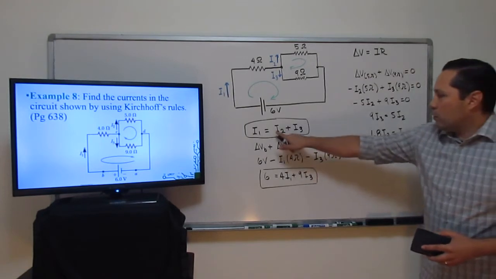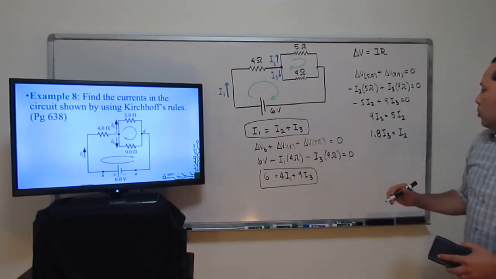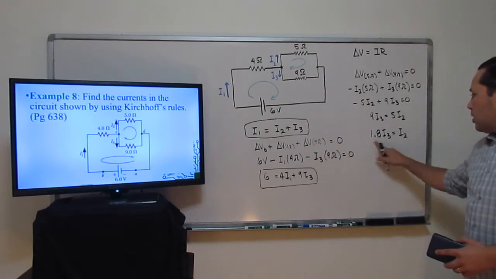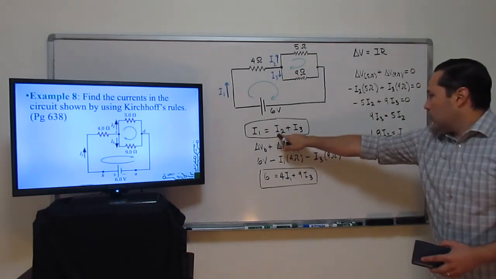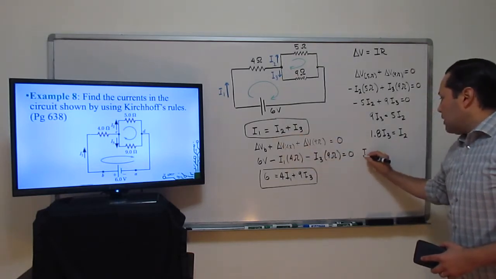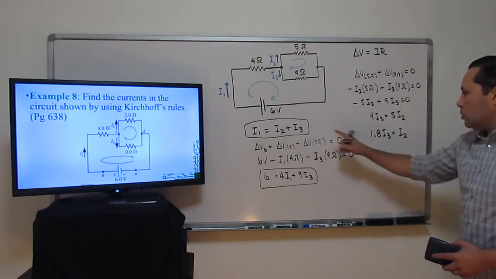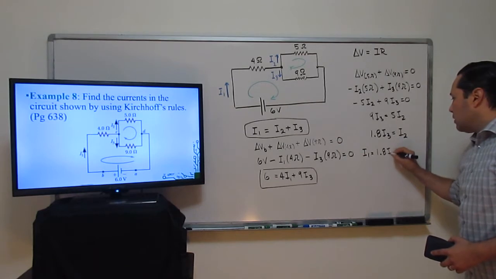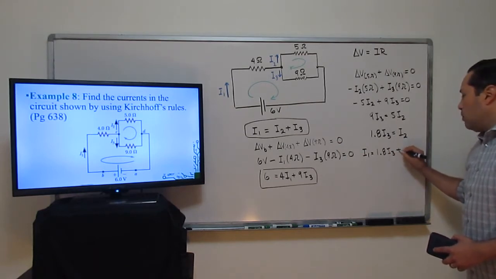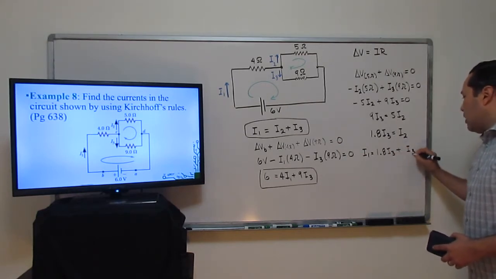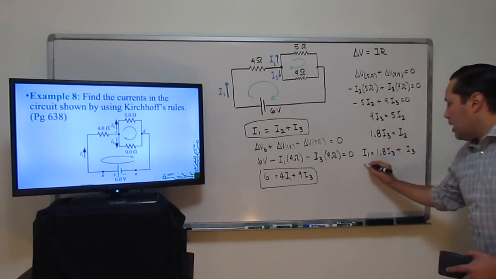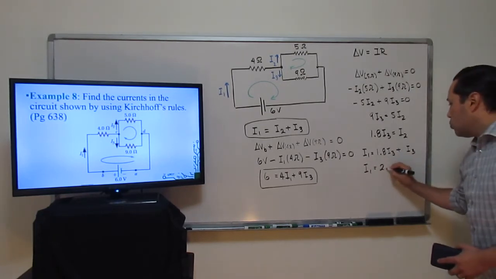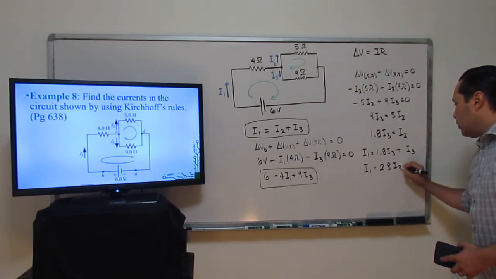Here I2 equals that right here. So we're going to make the following claim. Again, we're substituting this here. So it will look like this. I1 is equal to I2, which we're going to substitute with 1.8 times I3, plus I3. All right, so therefore we can say I1 is equal to 1.8 plus 1, 2.8 I3.